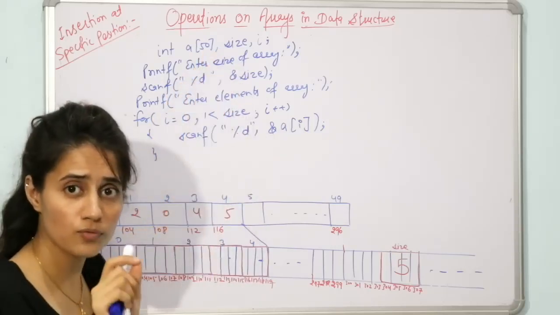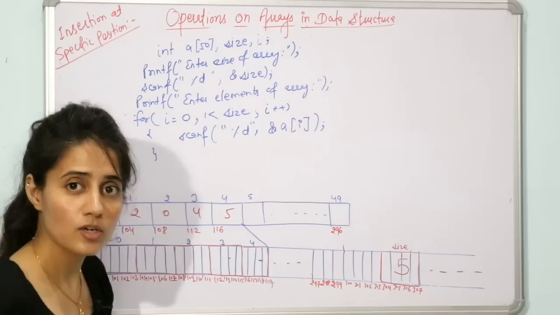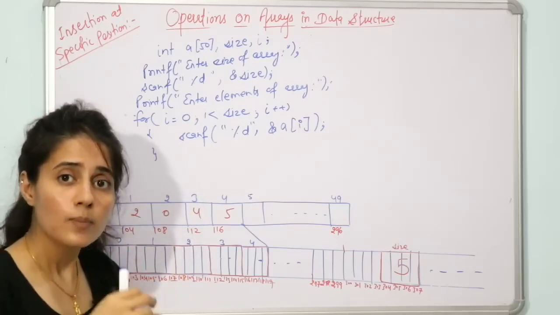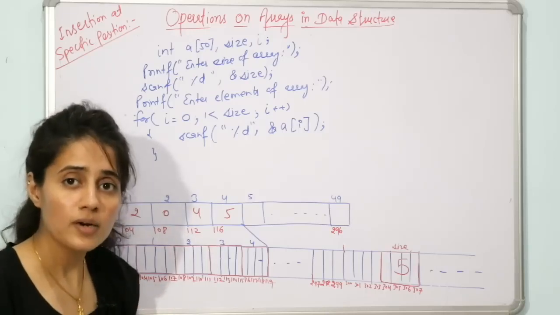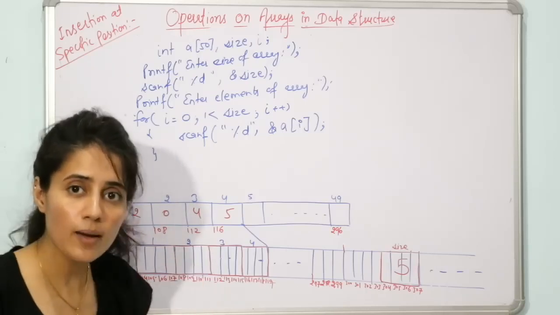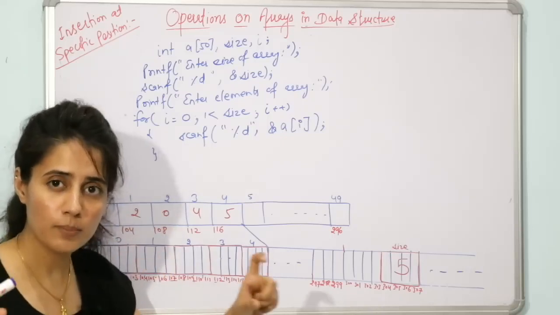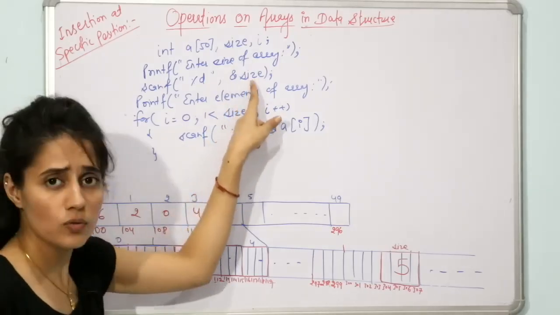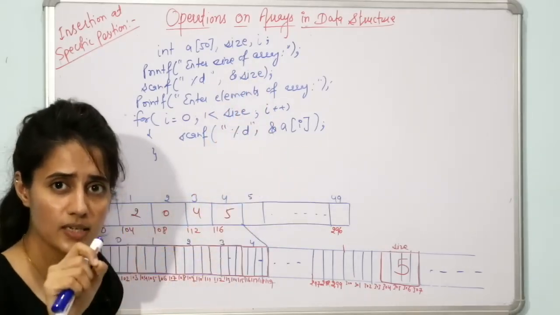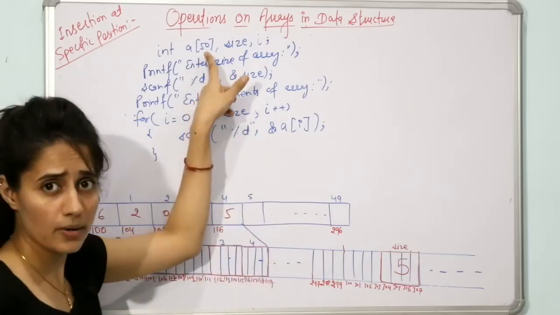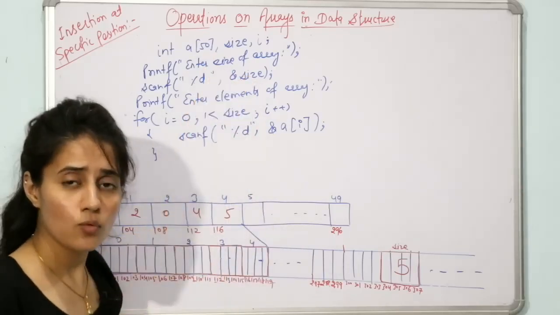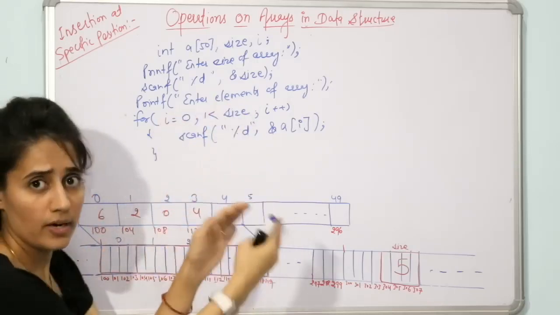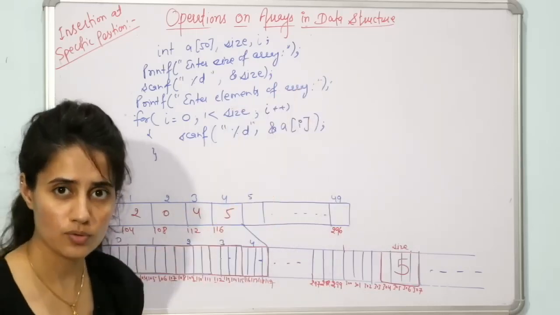The space for storing only 50 elements. How can you store 60 elements? So there is no concept of bound checking in the array. The programmer has to take care of this thing. The programmer has to write code in the program to check the upper bound limit of the array. Fine. So here, only after inserting the size you will write a line that if size is greater than this upper bound limit, this 50, then you will print overflow condition. Else you will write that enter the elements of the array, and the other code you will write in the else block.